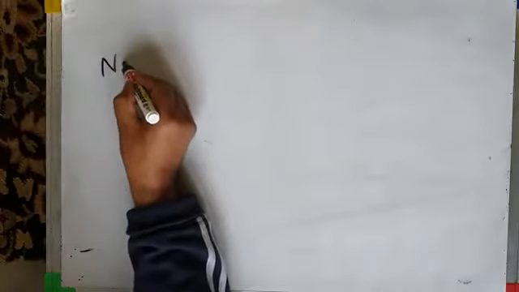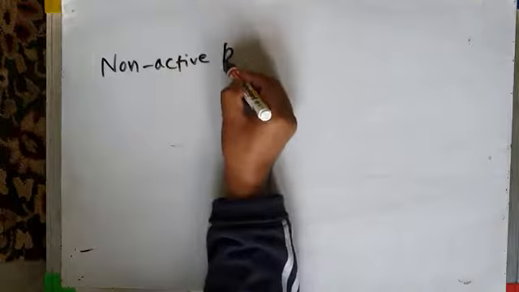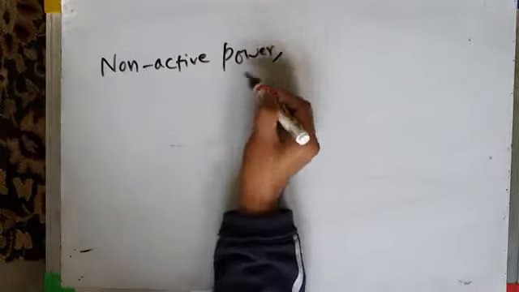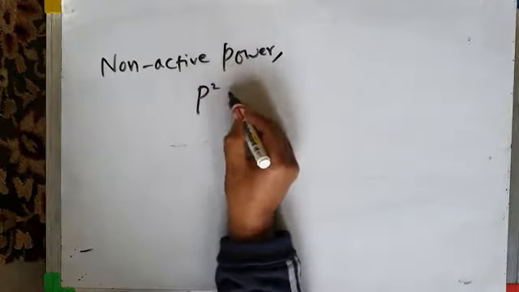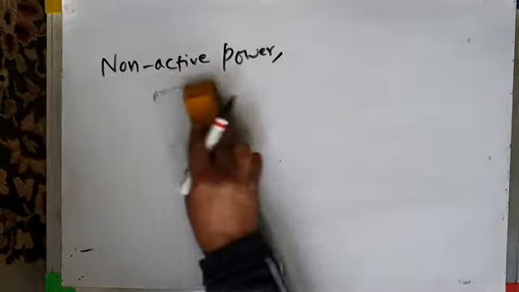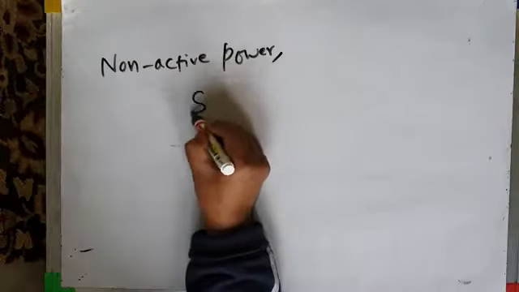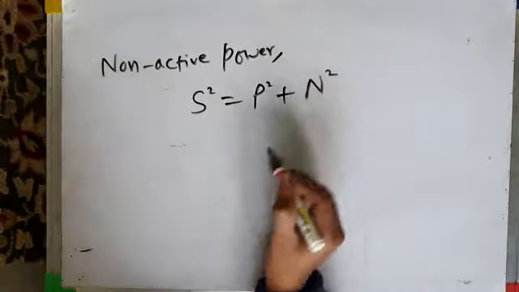And finally, a couple of terms. One term is called non-active power. This non-active power is denoted by N. So your total apparent power S square is active power plus non-active power.